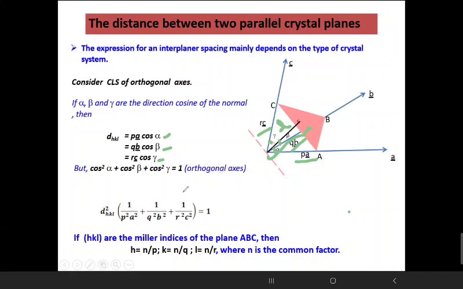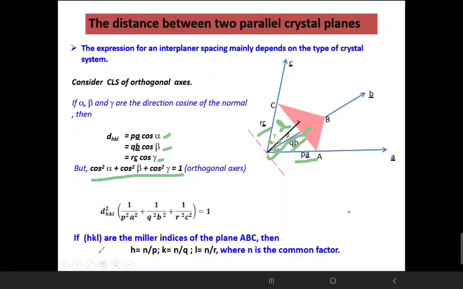In mathematics, for the orthogonal axes, you can write cos squared alpha plus cos squared beta plus cos squared gamma is equal to 1. So, cos squared alpha is equal to D squared over PA squared. Cos squared beta is D squared over QB squared. Cos squared gamma is D squared over RC squared. So, you have to apply this equation.